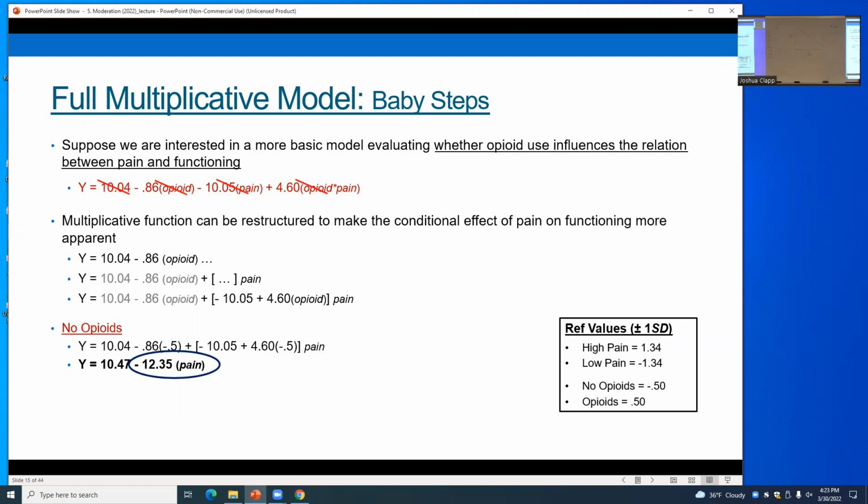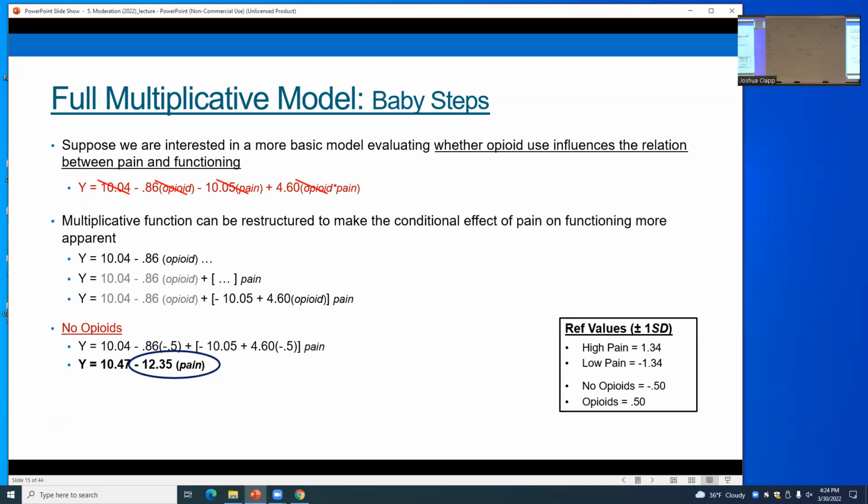Amanda, can you give me an interpretation of that negative 12.35 coefficient? Constant is the expected change in outcome for every unit increase in.